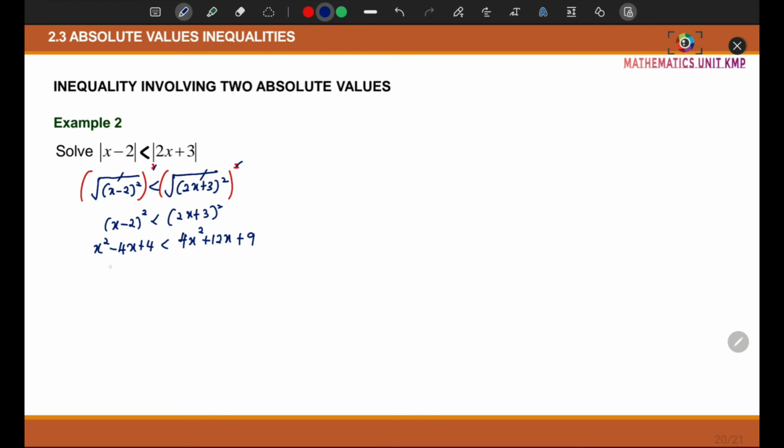Bringing everything to one side, we have negative 3x squared minus 16x minus 5 less than 0. I don't want my coefficient of x squared to be negative, so I will multiply all by negative 1.